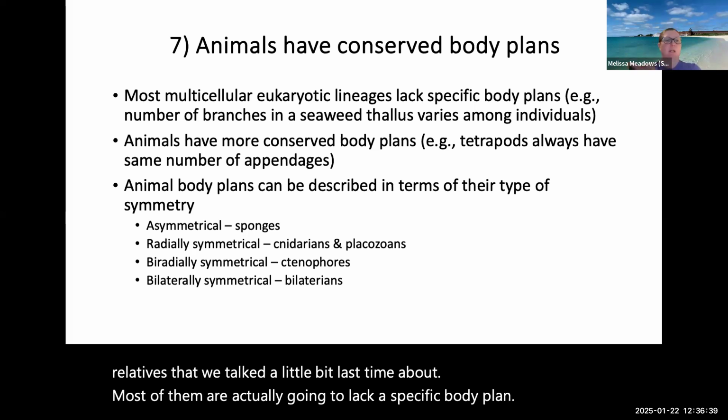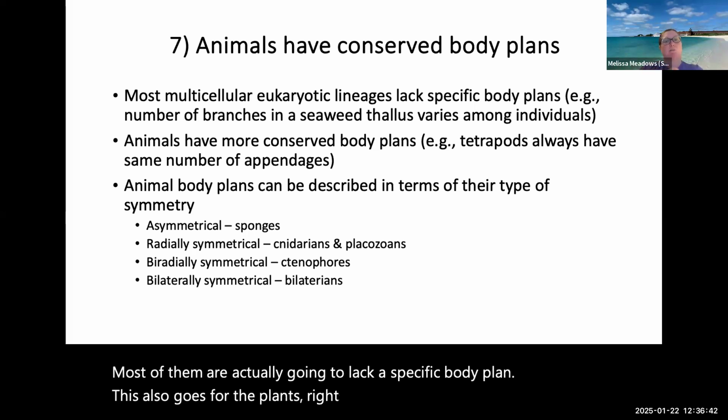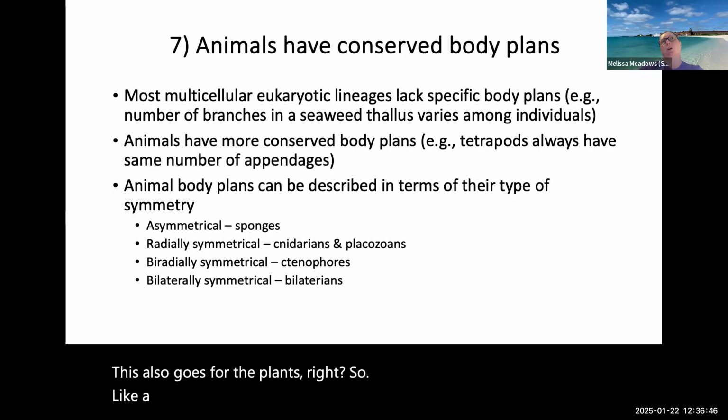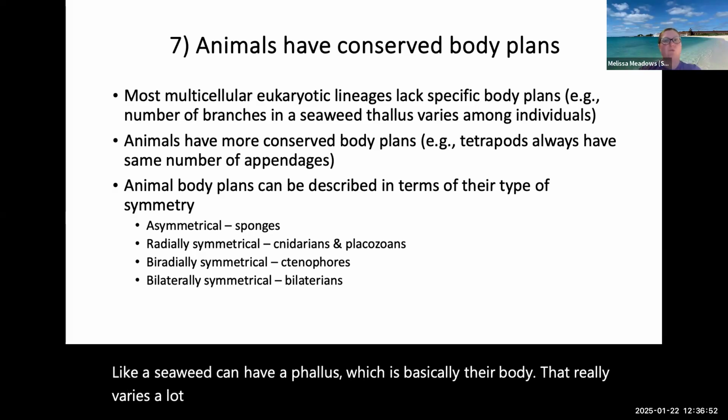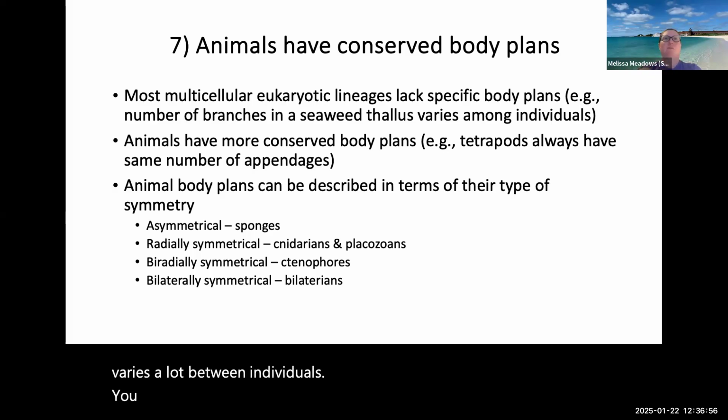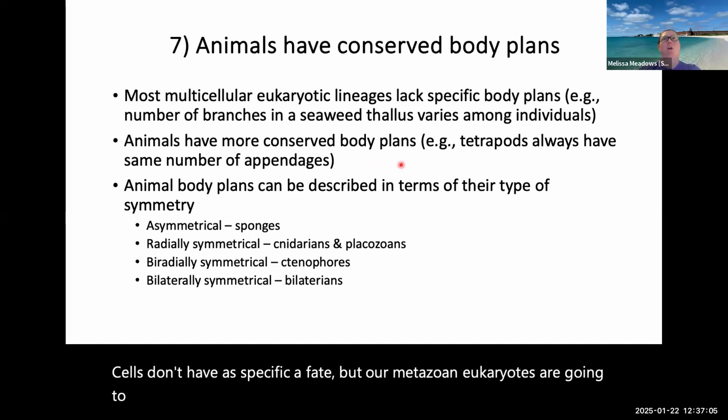This also goes for the plants. A seaweed can have a thallus, which is basically their body, that really varies a lot between individuals. Cells don't have as specific a fate.